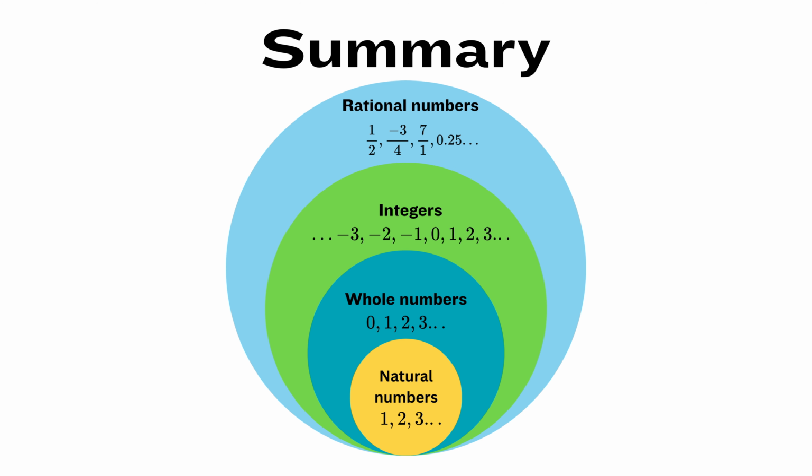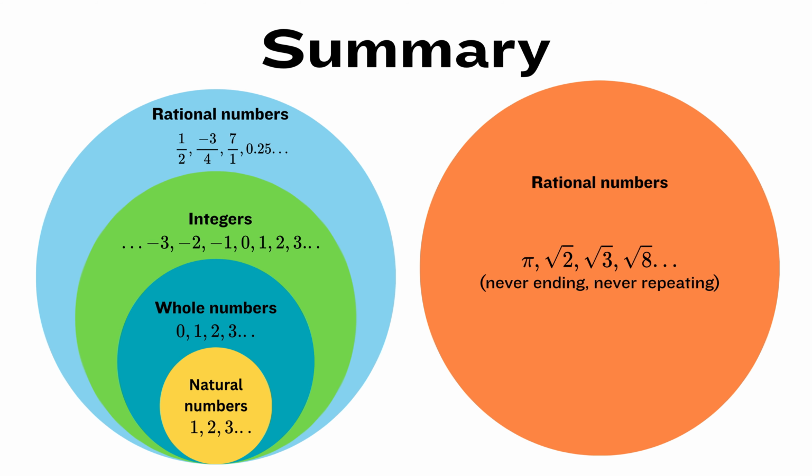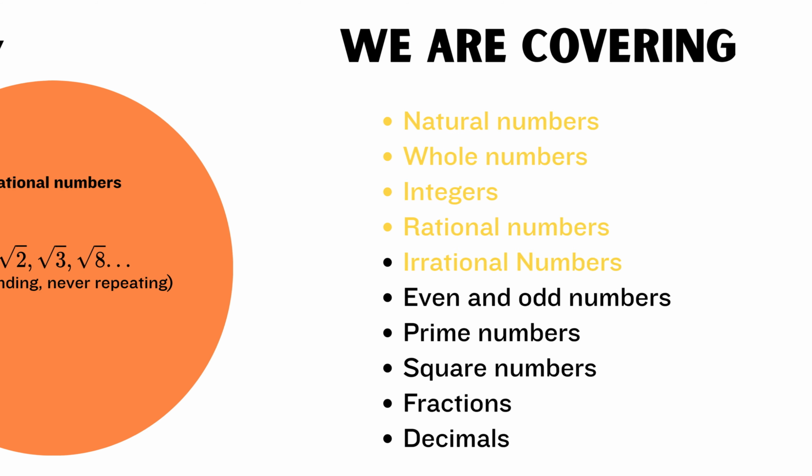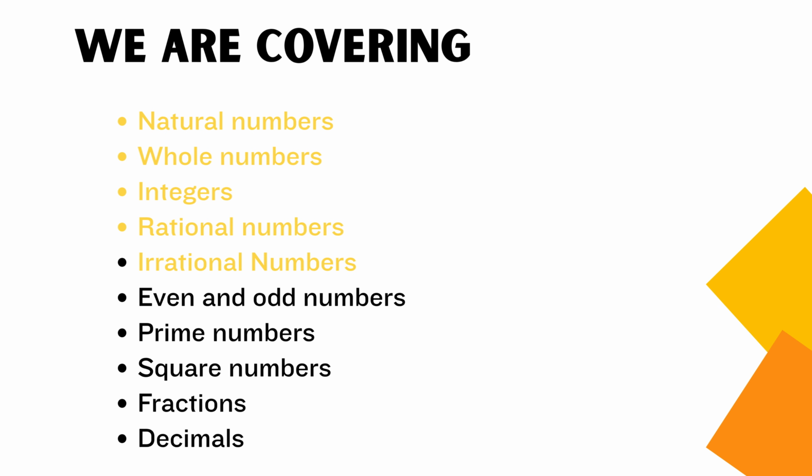But some numbers don't follow the rules. You can't write them as a simple fraction. Their decimals go on forever with no pattern and no repeats, like pi and square root of 2. They are called irrational numbers. And that's our 5 types of numbers so far.